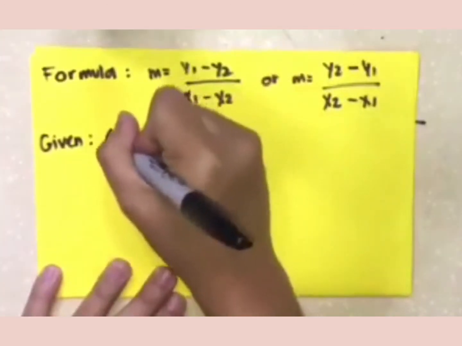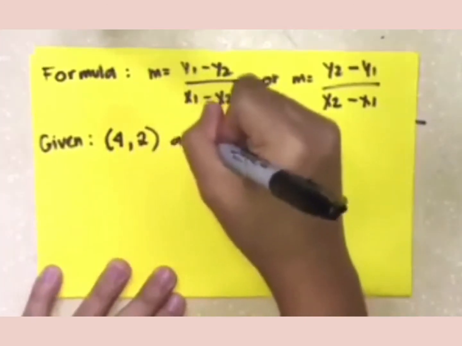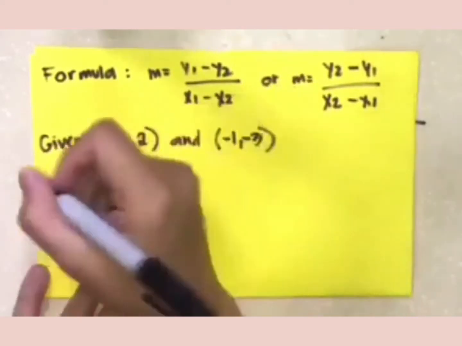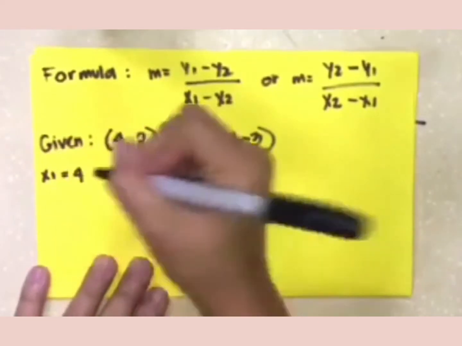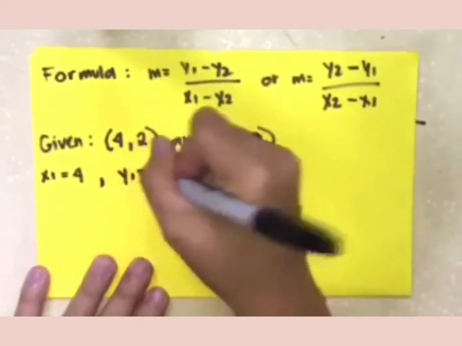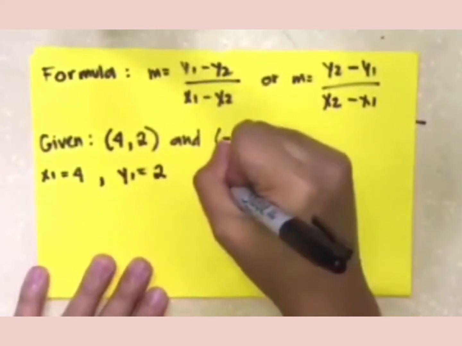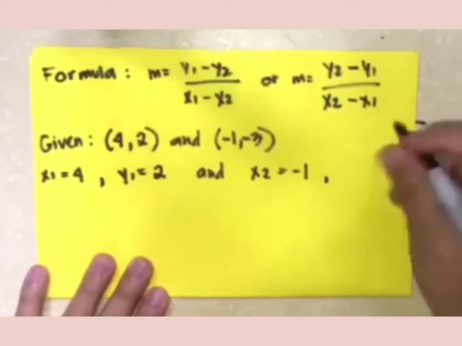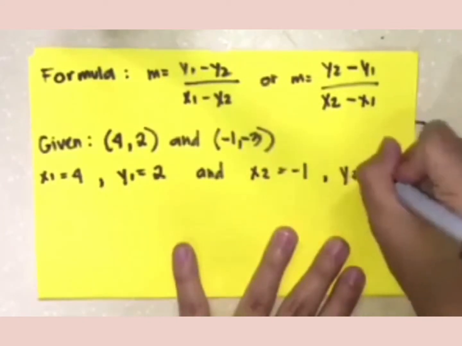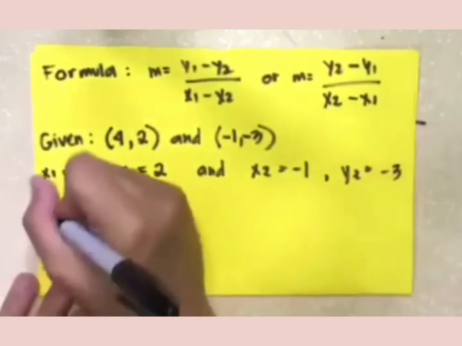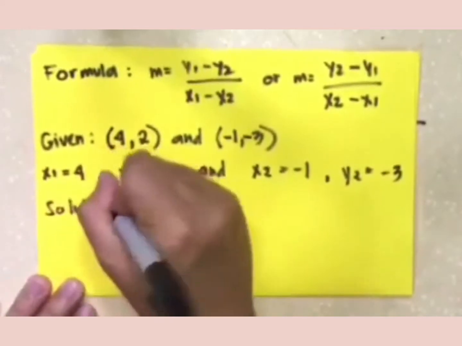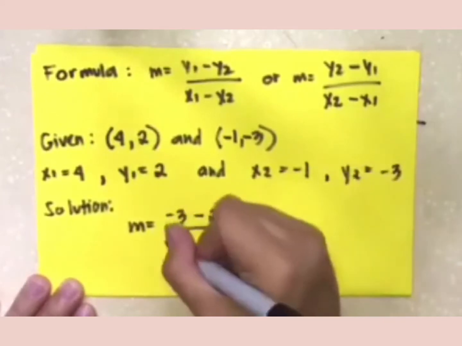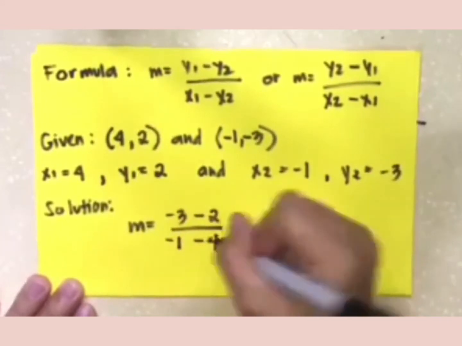The first example is (4, 2) and (negative 1, negative 3). First, identify which is x sub 1, y sub 1, x sub 2, and y sub 2. Then arrange the given values in the formula: m equals negative 3 minus 2 over negative 1 minus 4.